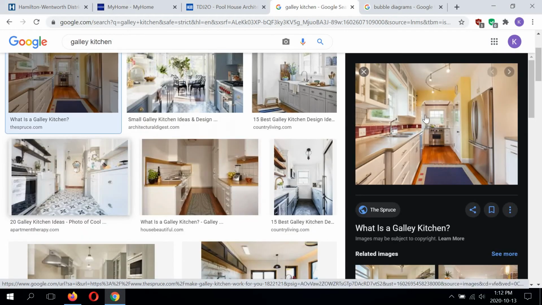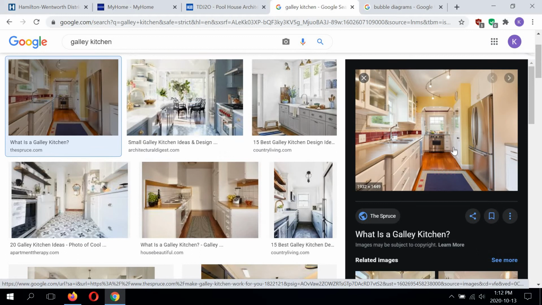I'm going to click on this picture again. I like this one because it actually has the range at the very end. So you can also have counter space where the kitchen ends, where this window is here. This one also shows a little bit of counter space here, the large fridge, and this is possibly a doorway to exit the house.